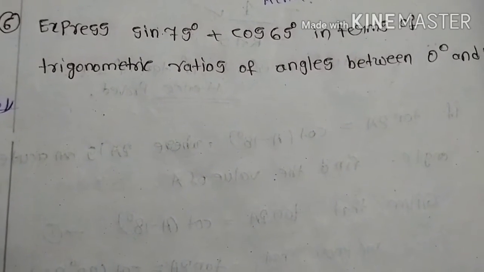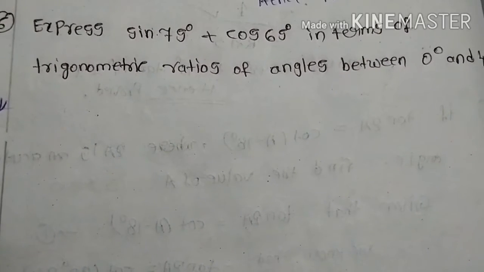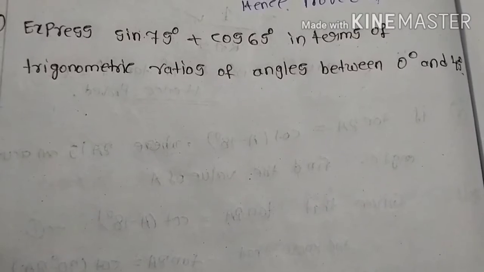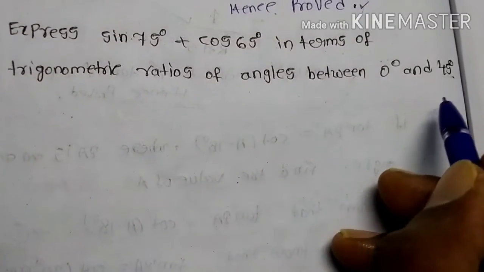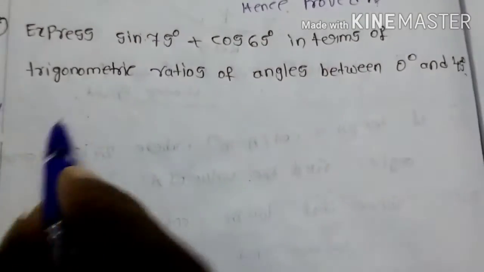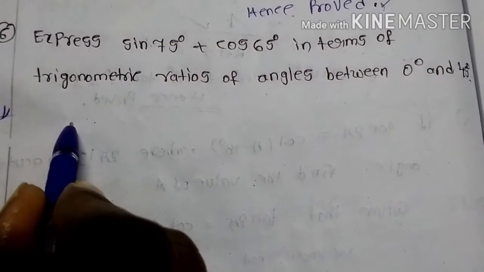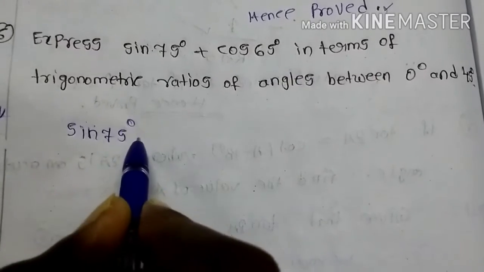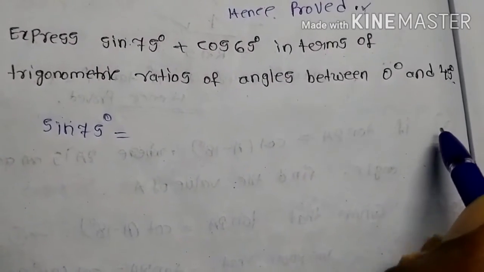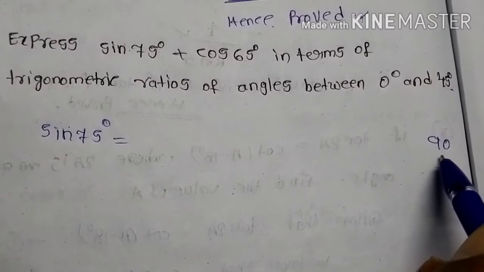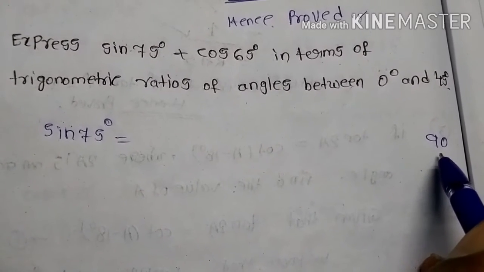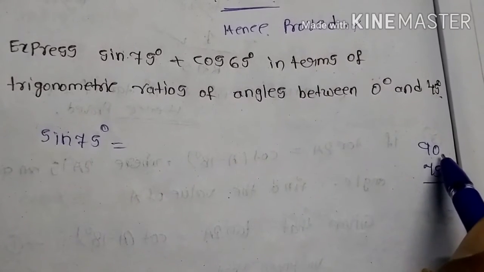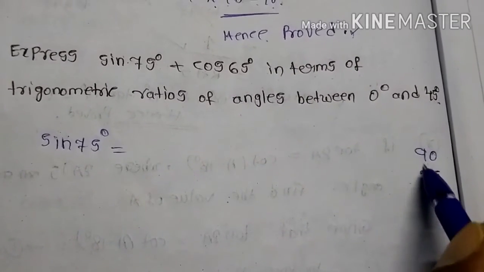See here, question number 6. Express sine 75 degrees plus cos 65 degrees in terms of trigonometric ratios of angles between 0 degrees and 45 degrees. See here, sine 75. How can you represent sine 75? Just subtract here: 90 minus 75. 10 minus 5 is 5 only, 8 minus 7 is 1 only.